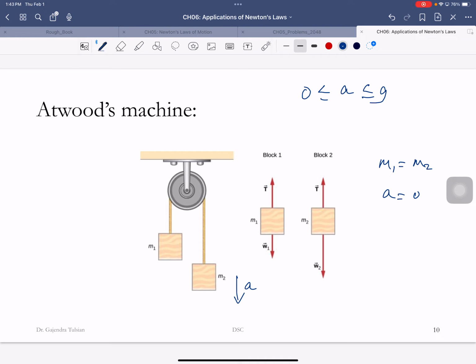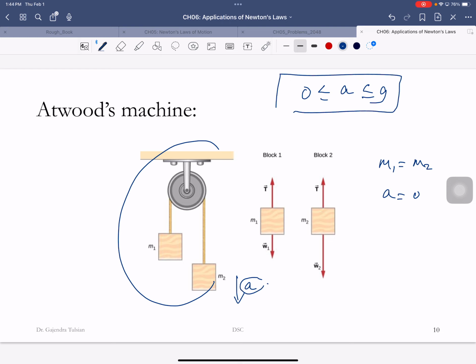Yeah, one of them is heavier. The heavier object minus the other. Right. Yeah, we'll derive that. I know what you're talking about. Just give me one second. But this device lets you have any acceleration between 0 and g. Okay, and so here's what you're referring to.